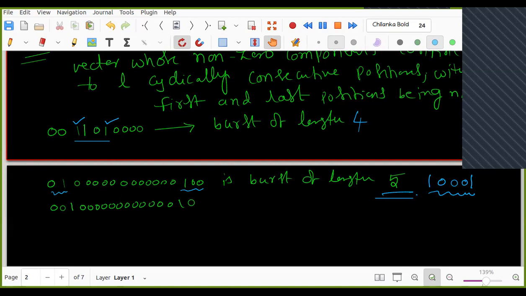Because I have this word, then I have this word also, another word also. In one of them, the least thing is considered. They do not define it that rigorously. What I want to say is that you take the cyclic shifts and then take the smallest length. Is it now okay? That part is fine.